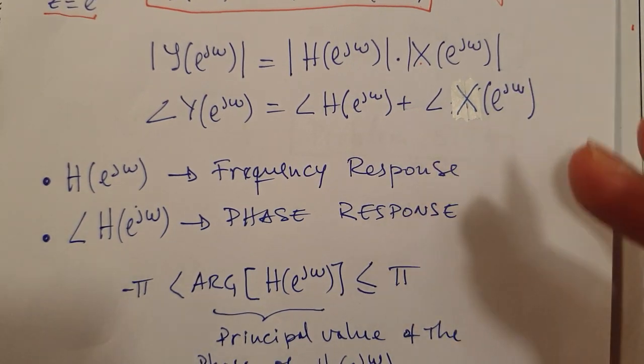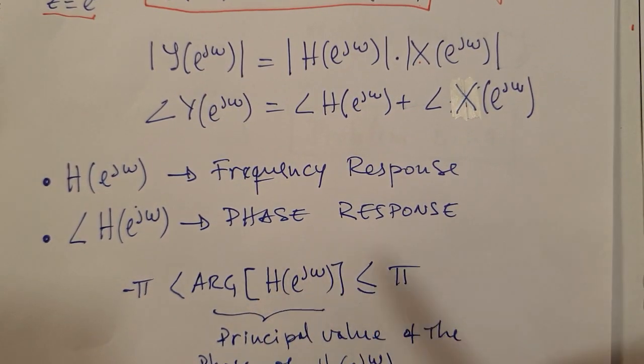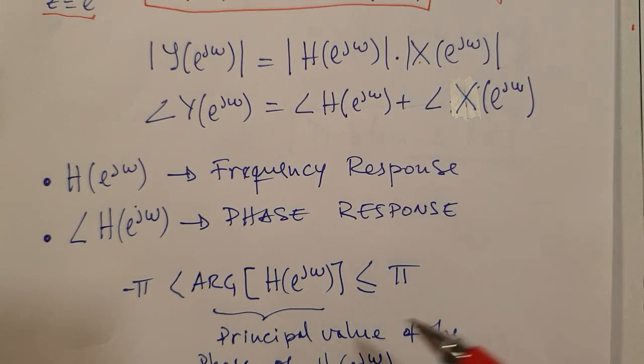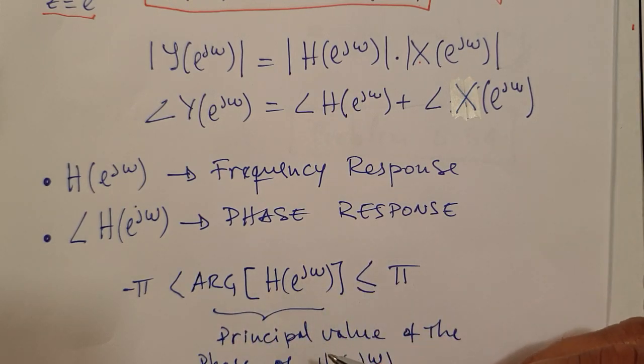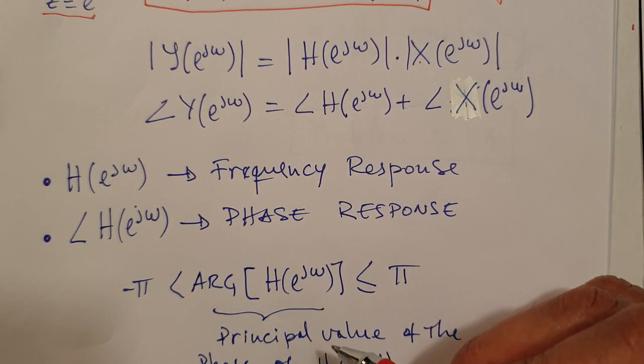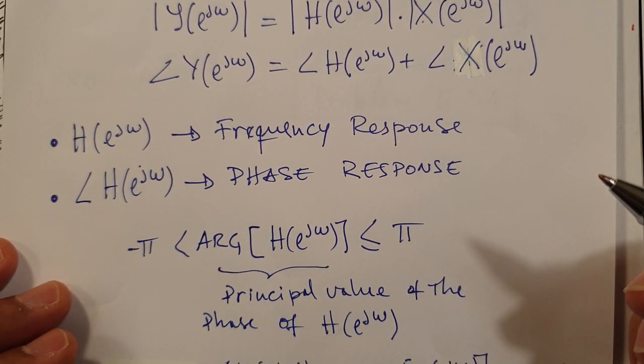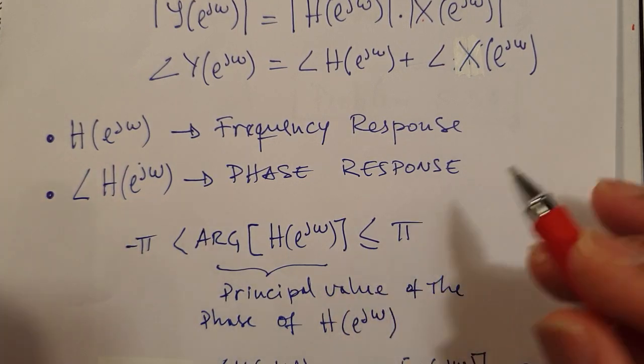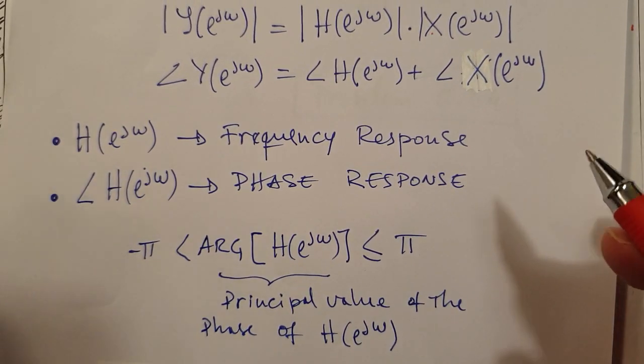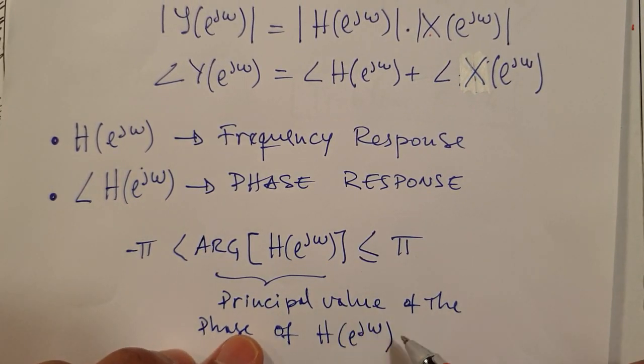So we talked a lot about the magnitude, but the angle has some interesting properties that we also need to understand, because it's associated with the delays and so on. And so there is some notation here. For example, what is the principal value of the angle?